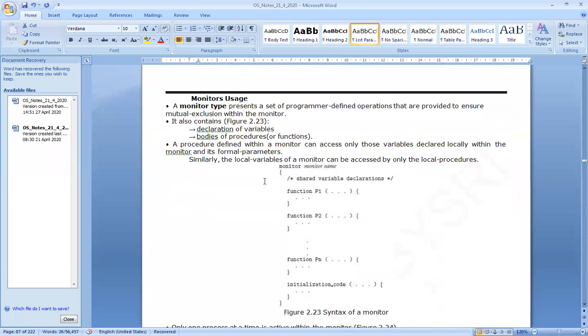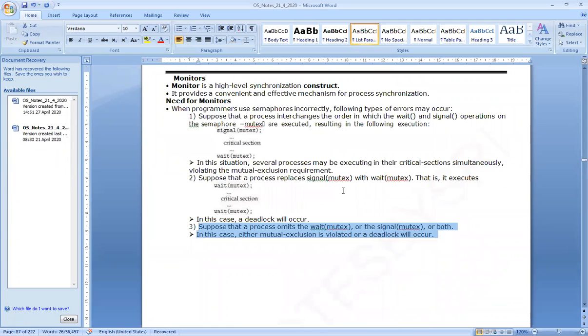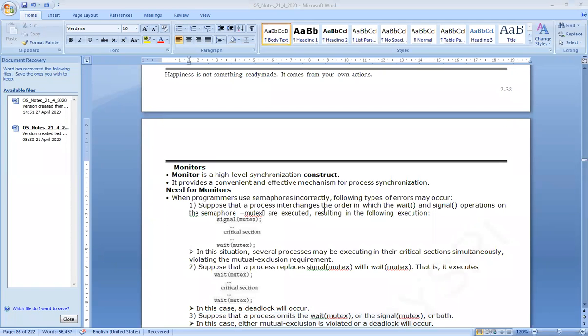This is how we use a monitor, which is a high level synchronization construct. With the help of this high level synchronization construct, we can achieve synchronization in a proper order without any kind of problem, even though there is a mismatch in the variables passed to wait and signal, even though there is an interchange between the wait and signal functions, even though there is an omission of a wait function or a signal function.